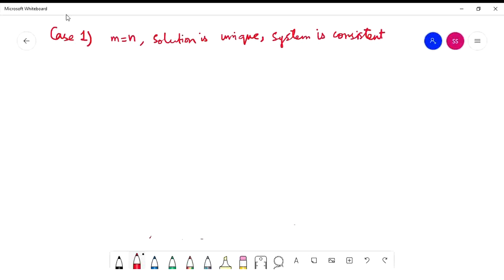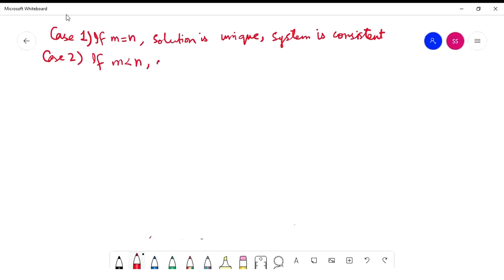Now we move towards case 2: if m is less than n, the number of equations is less and the number of unknowns is more. So it is difficult to sort out the solution, as there are extra variables involved.